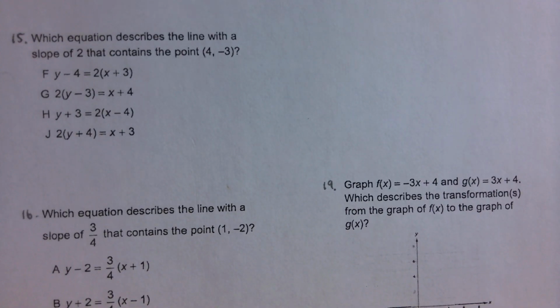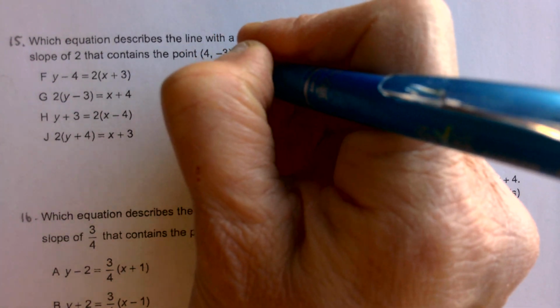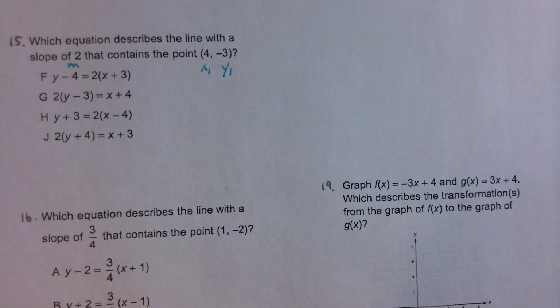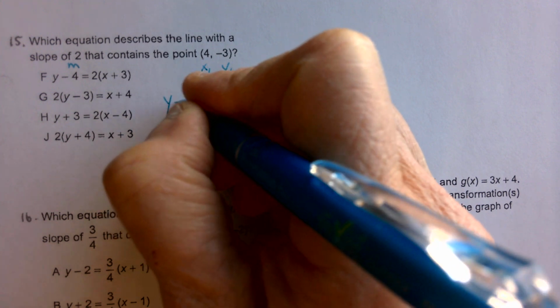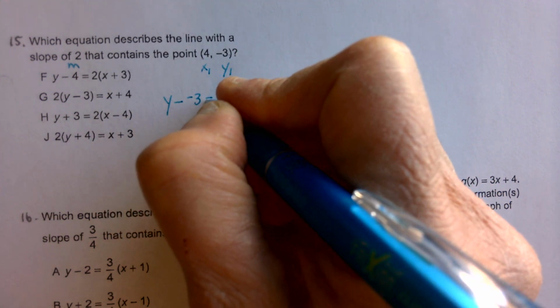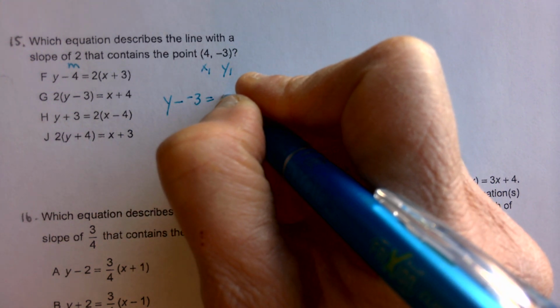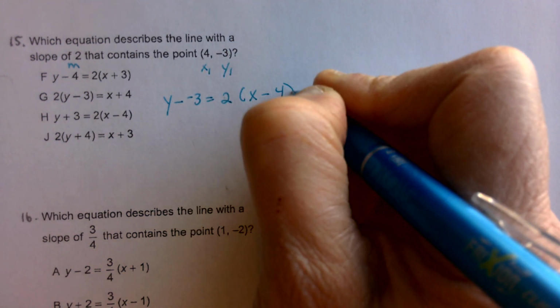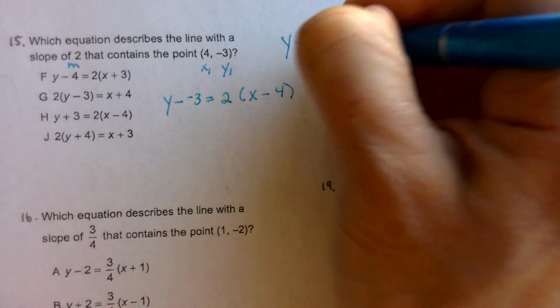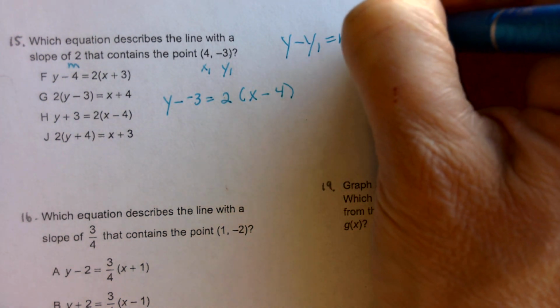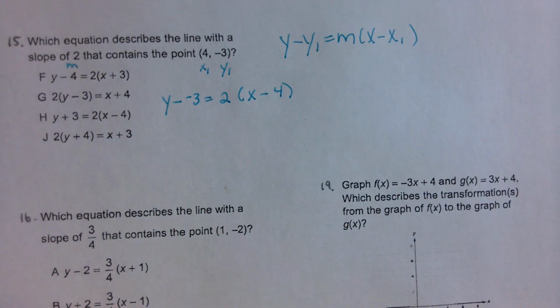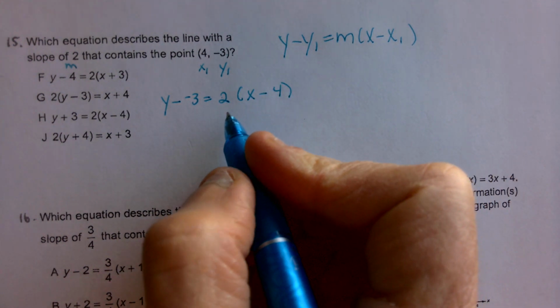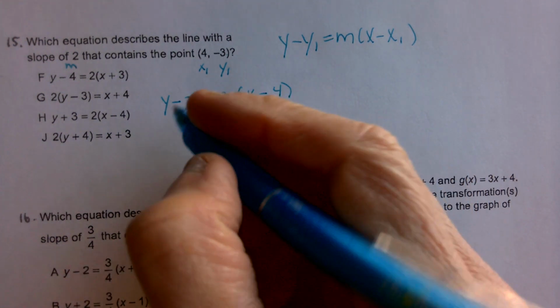Now, which equation describes the line with this slope and this point? Same thing: slope, x1, y1. And there's my slope. So y minus the y1 equals slope times x minus the x1. Remember, I'm using the point slope form. Do we have that for an answer? Well, sort of.